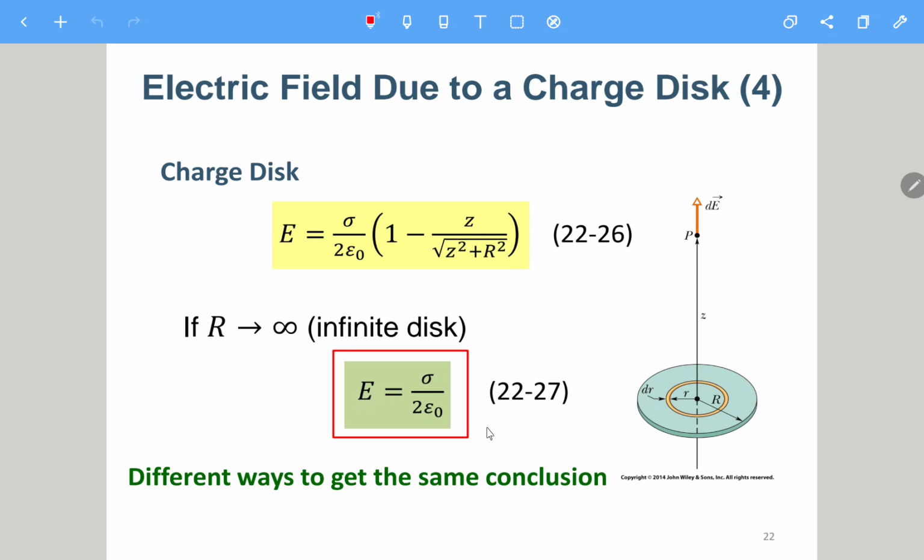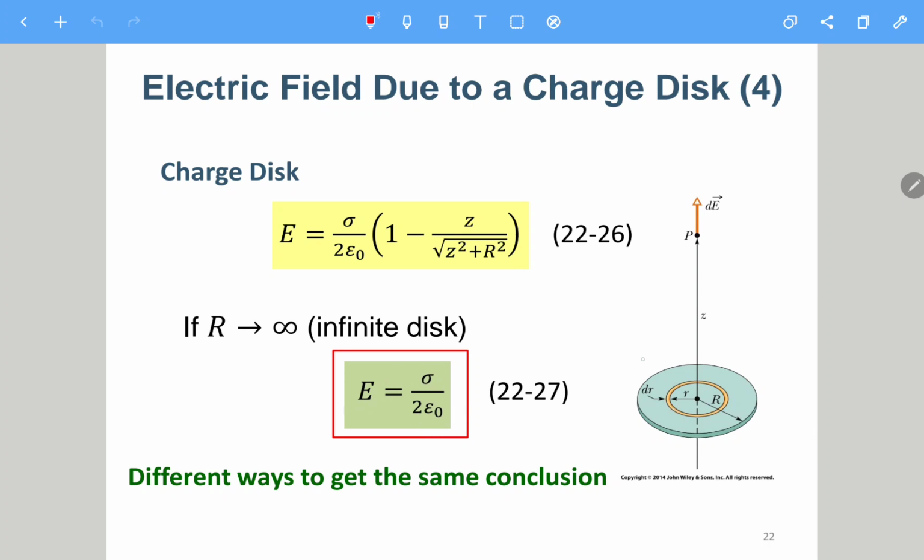Okay, so this is another example to show that we can use the integration to find this expression, and then we make R infinitely large. Finally we can find this expression, which means that this plate, if it is infinitely large, will generate a uniform E field over the space.